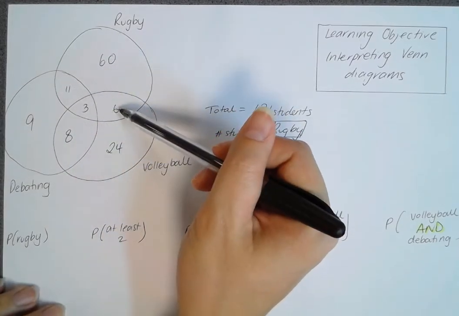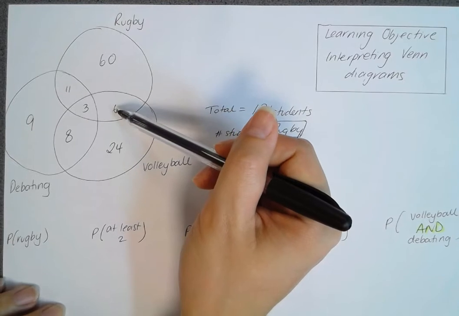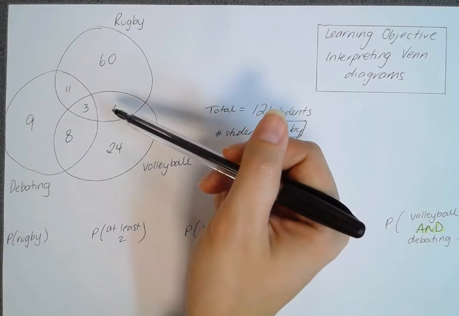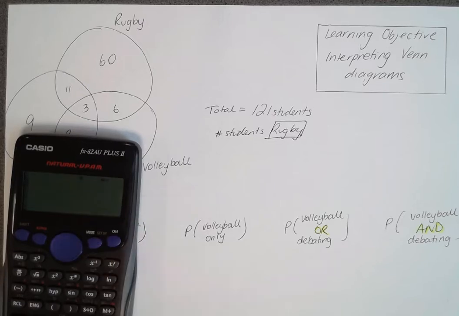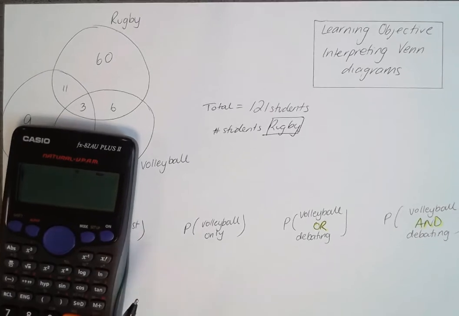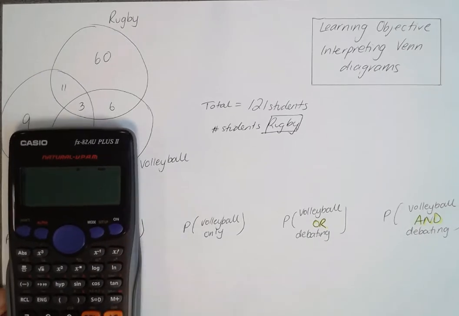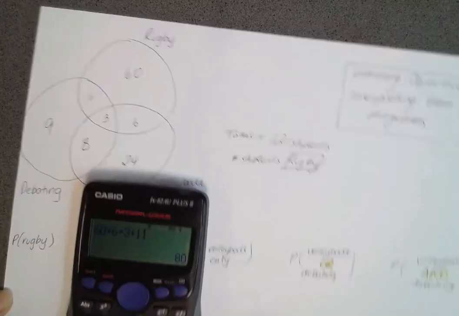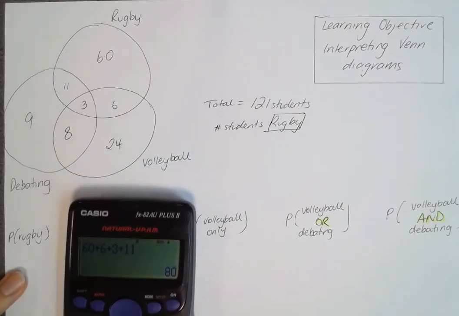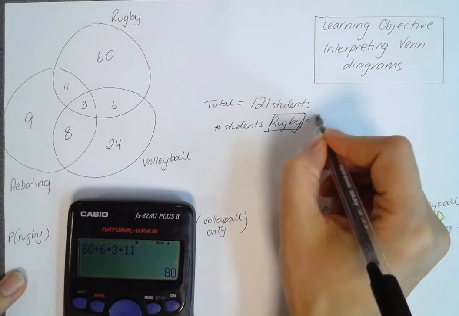Just because they did rugby and volleyball doesn't mean they didn't do rugby. So to figure out the total number of kids who did rugby, we need to add all the numbers in the rugby circle together. We have to go 60 plus 6 plus 3 plus 11. So we have a total number of students who did rugby of 80.